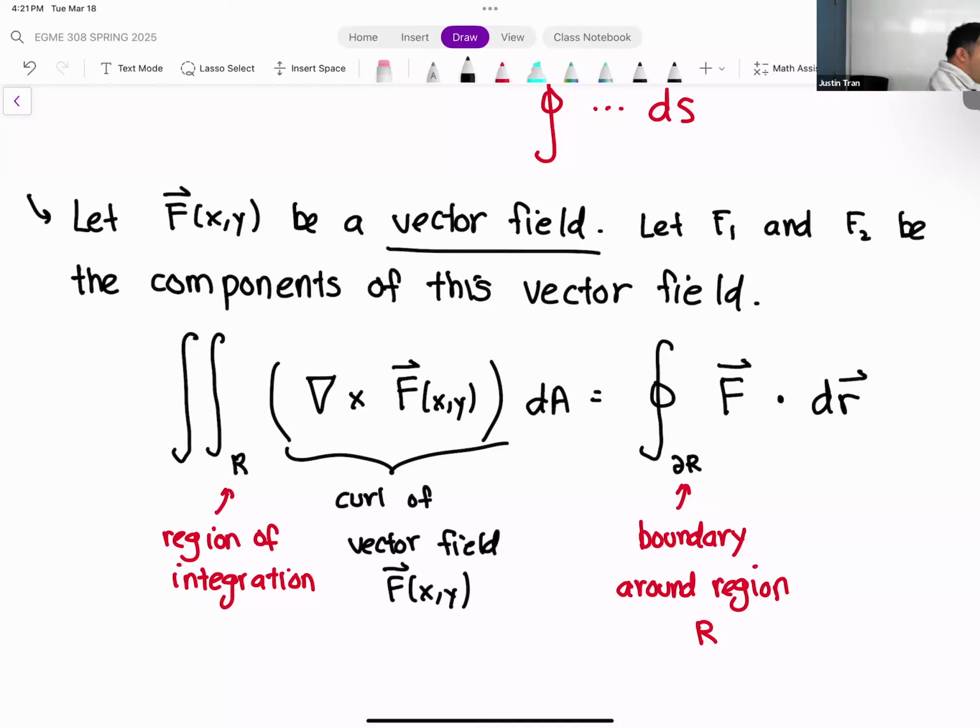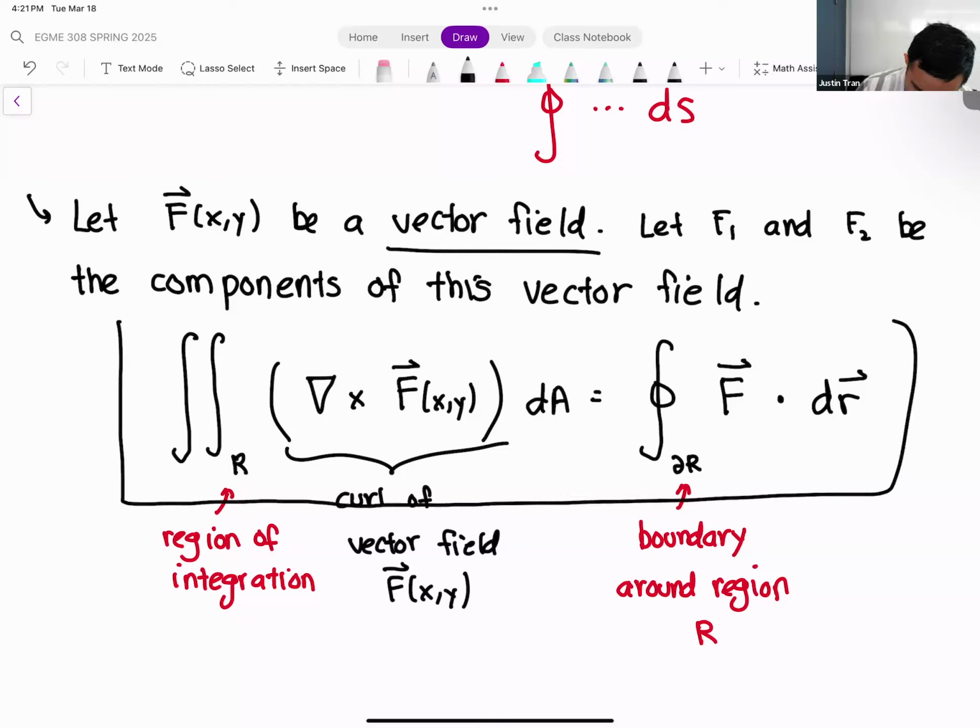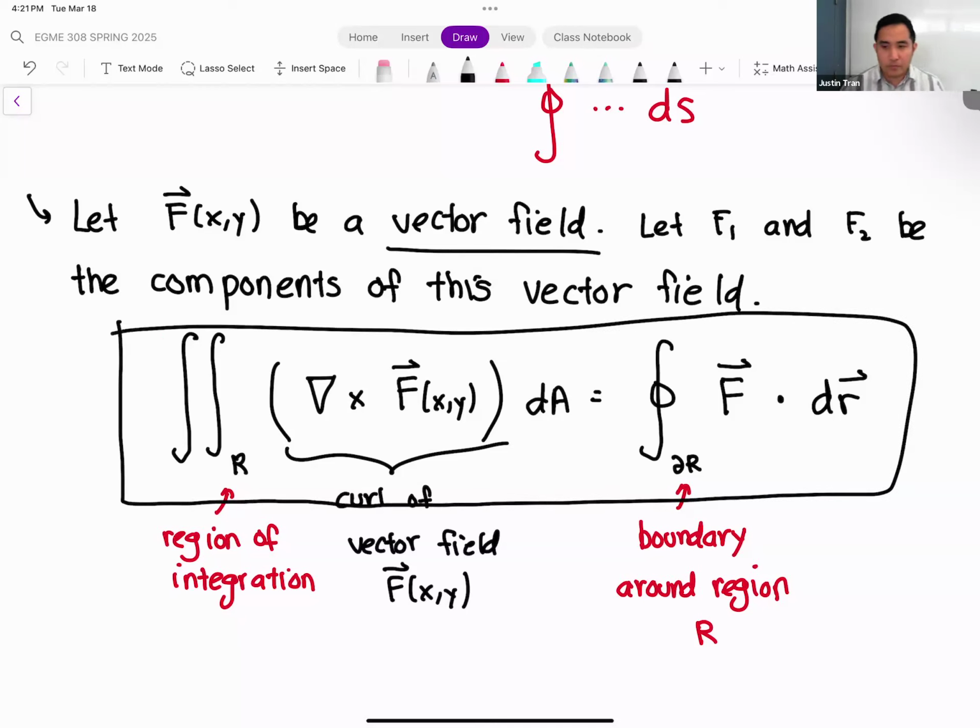So we're basically taking the line integral of the vector field F around that parametrized curve. All right, so that's Green's theorem for you.